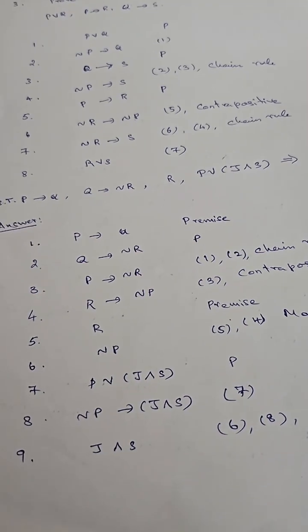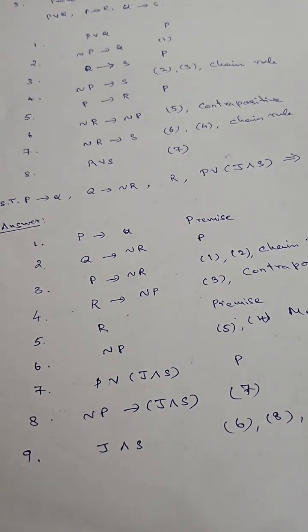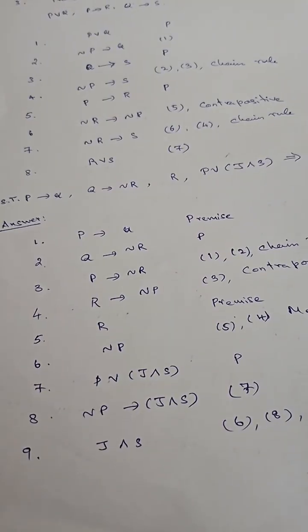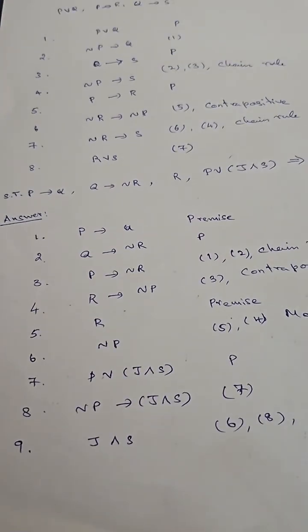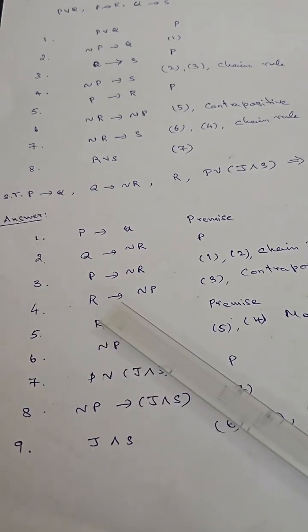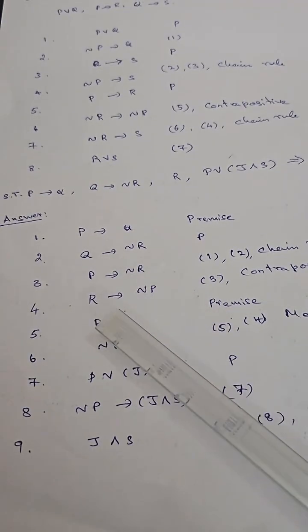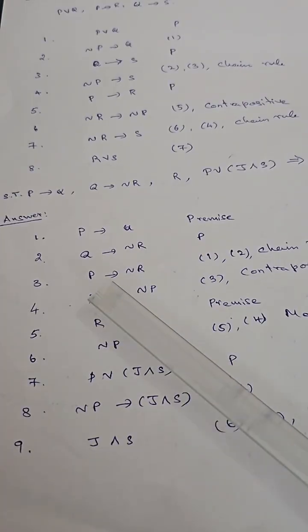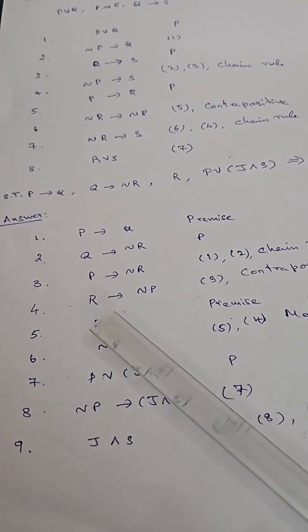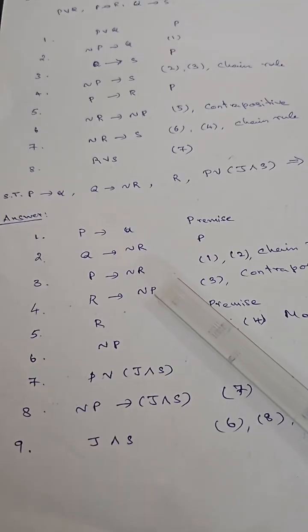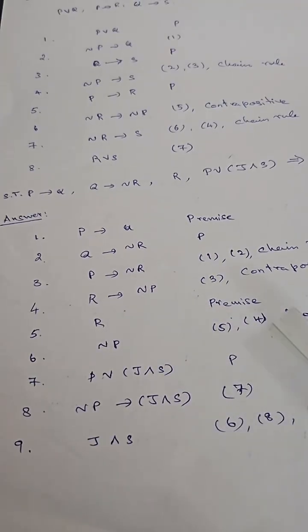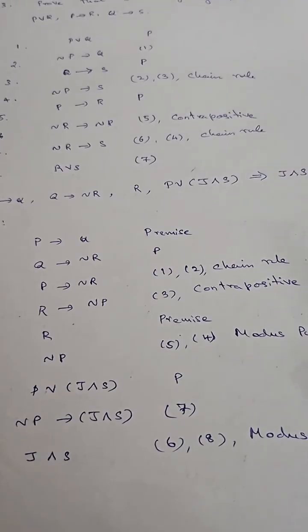Here R is a given premise. Next, R is true, and R to negation P is true. Now we apply modus ponens for step number 4 and step number 5. It gives negation P is a true statement by applying modus ponens.